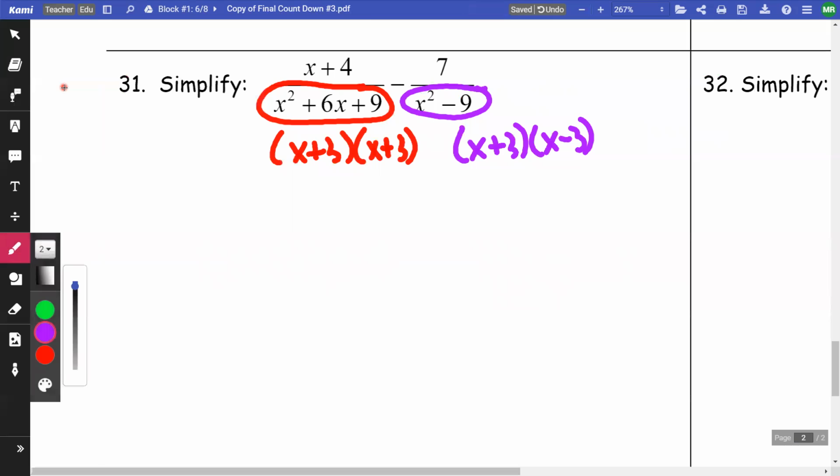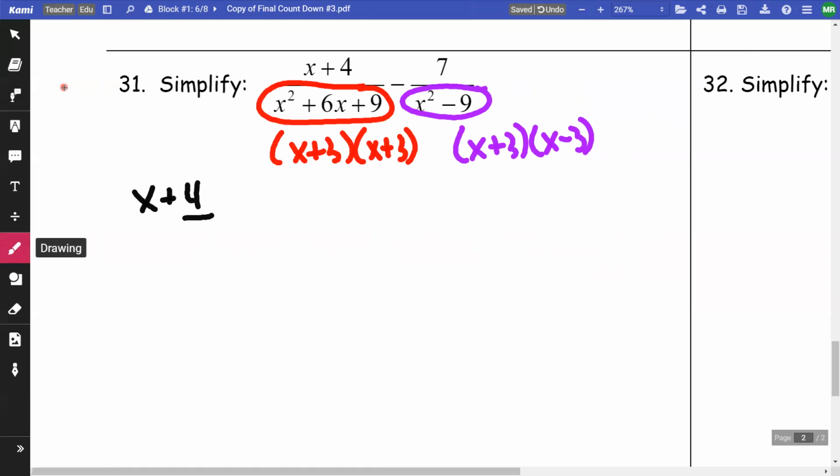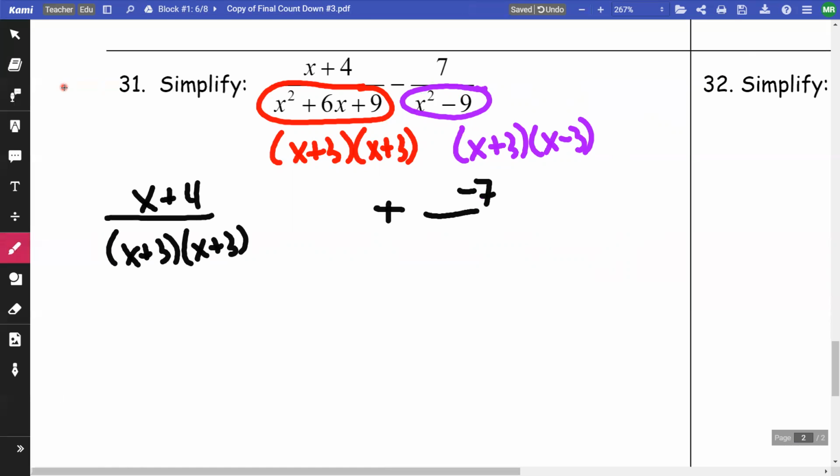Okay, so let me just rewrite this problem. So this is going to be x plus 4 over x plus 3 times x plus 3. Okay, give myself some space. Minus, and I'm going to do this. I'm going to go plus a negative 7 so that I don't lose that negative.